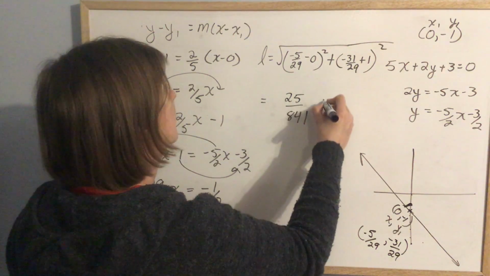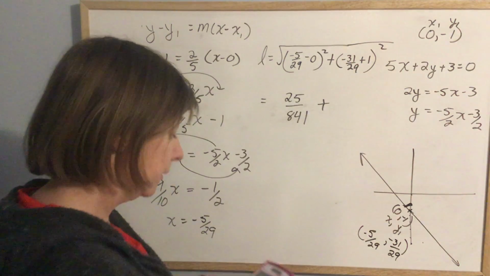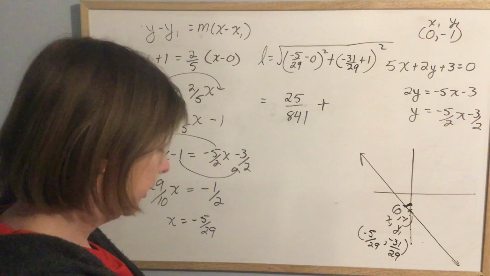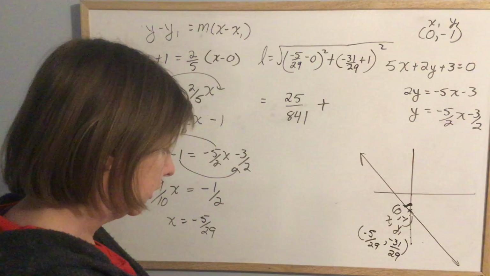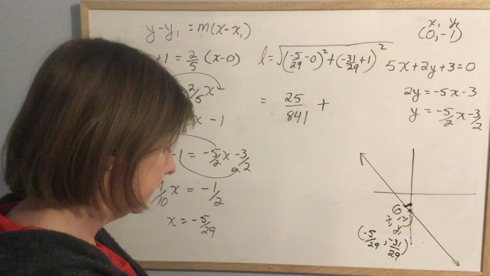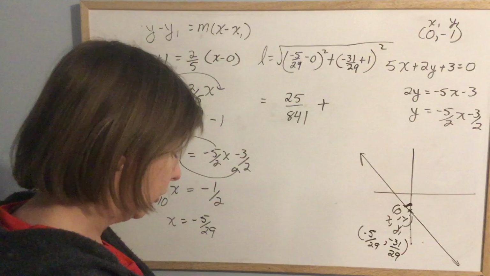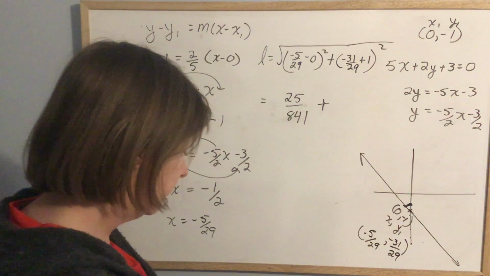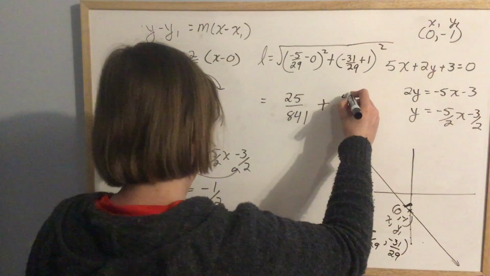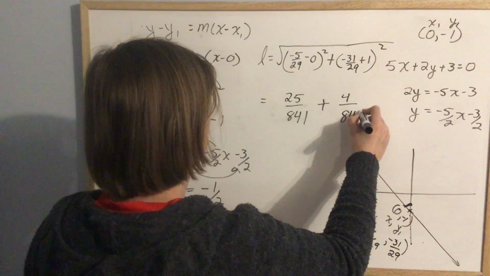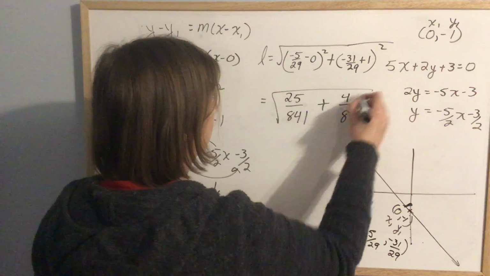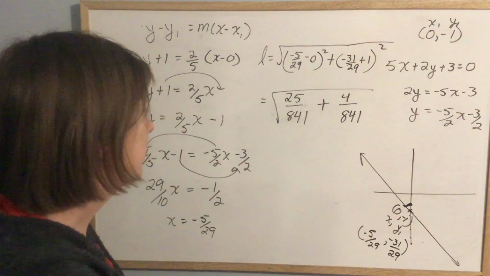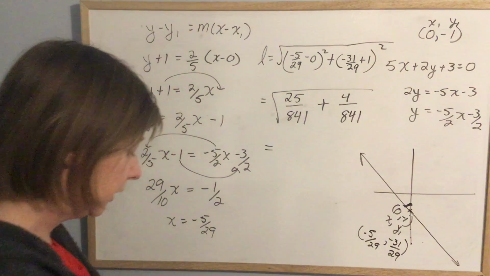Yay! Plus negative 31 over 29 plus 1, and then squared is 4 over 841. We'll look at that. They have common denominators, so that's really handy.